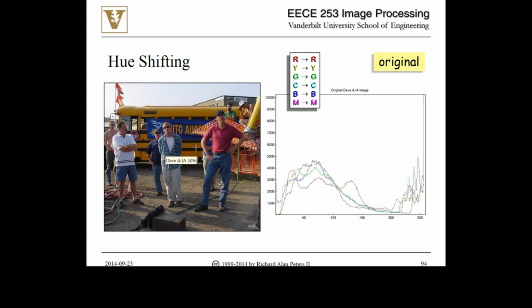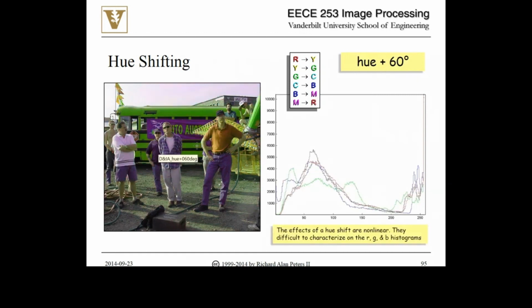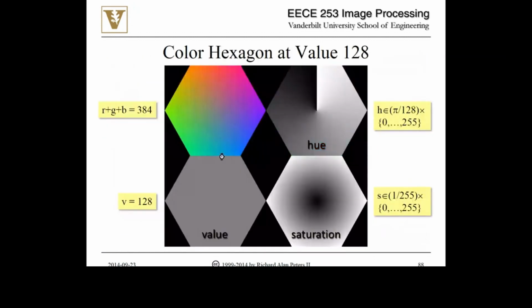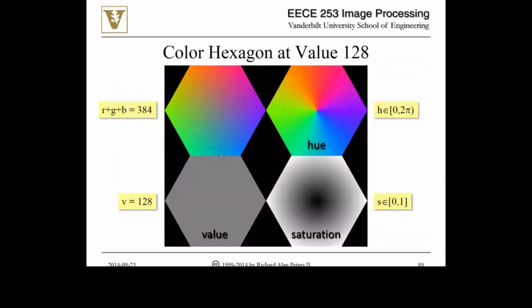Then we can, for instance, play with the hue. The hue is the angle. So now you take every color and you compute the hue. The hue is an angle, and you add 60 degrees to that angle. Okay, so let's look at the hexagon. So we have this hexagon here.